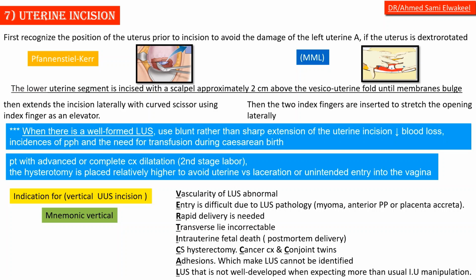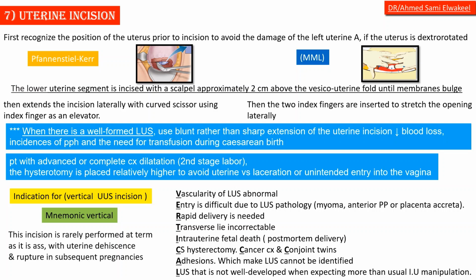T for transverse lie incorrectable. I for intrauterine fetal death. C for caesarean hysterectomy, cancer cervix and conjoined twins. A for adhesion, which makes the lower uterine segment unable to be identified. L for lower uterine segment that is not well developed, when expecting more than usual intrauterine manipulation.